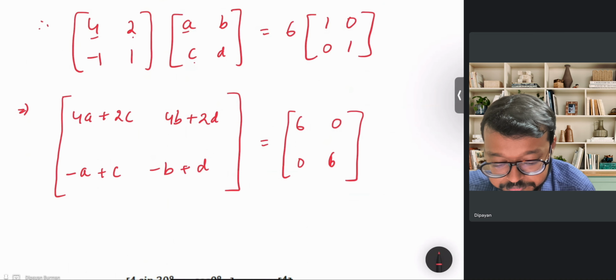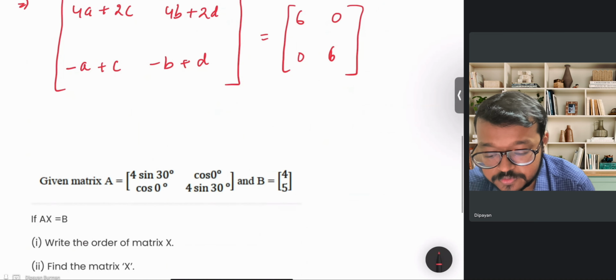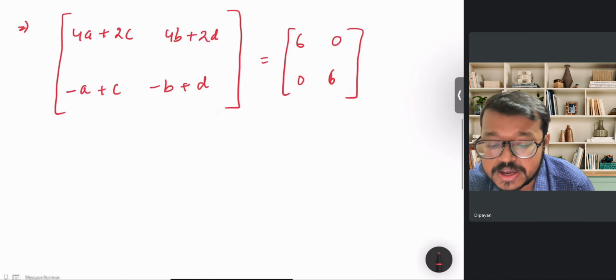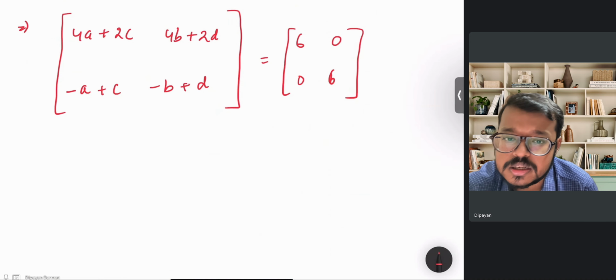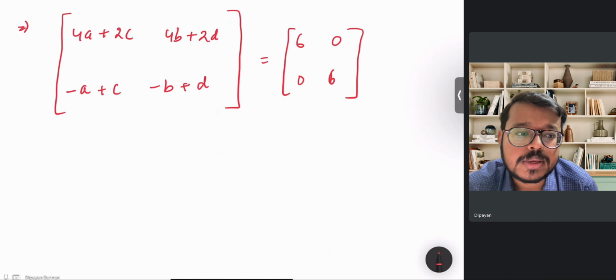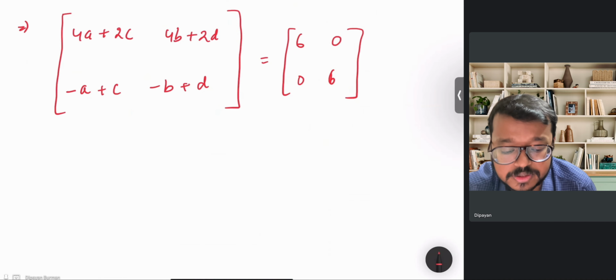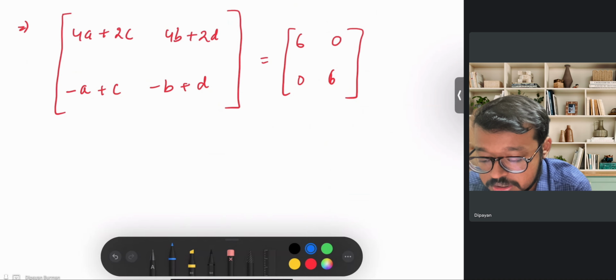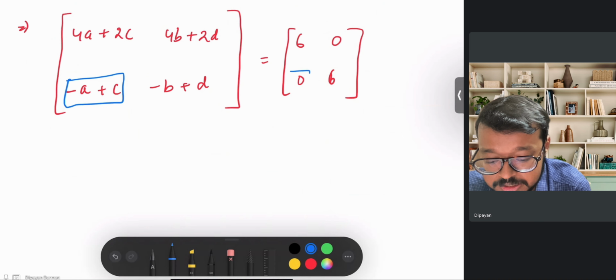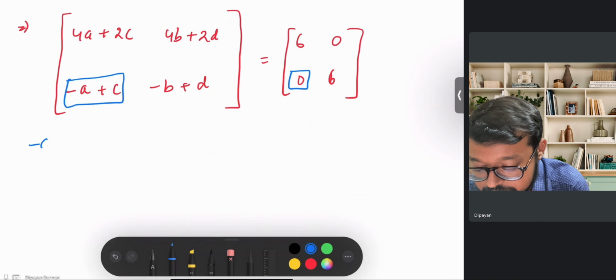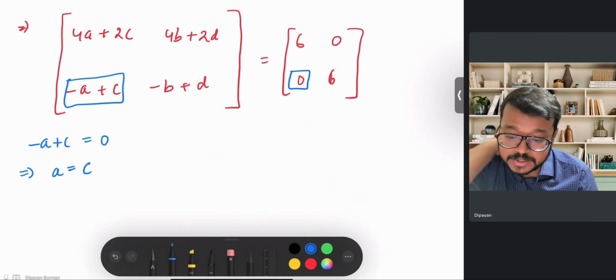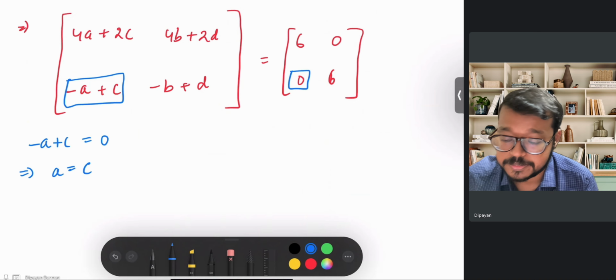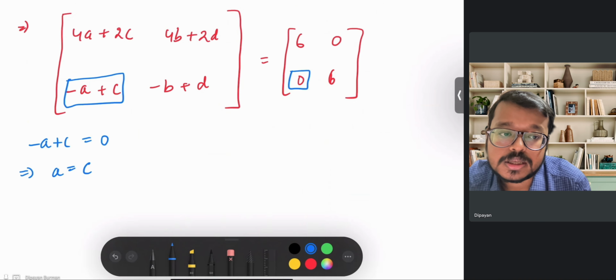Now I want to find out the values of the variables A, B, C and D. I can take some equations at a time and we will be able to figure it out. Since these two matrices are equal, I can equate this element with this element. So minus A plus C equals 0. That means A is equal to C. Let me substitute in some other equation.